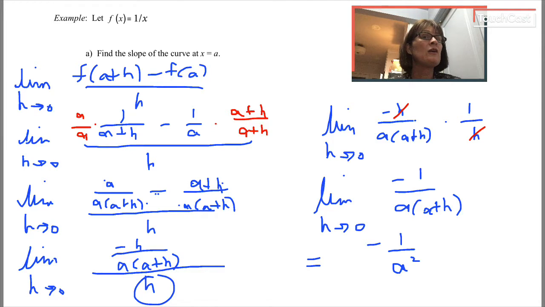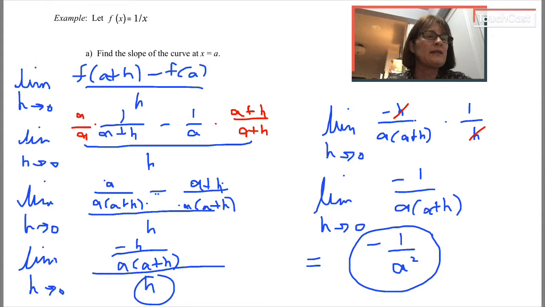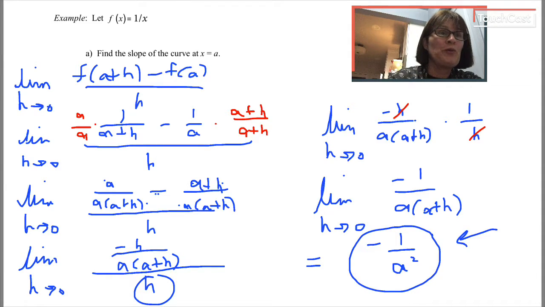If I go through this process more abstractly, I can actually get a formula that can tell me the slope of this curve at any x value. This is going to be very important for us. This is actually the whole topic of chapter 3, is how to find these little formulas. But now that I have it, I'm going to move back to my original problem.